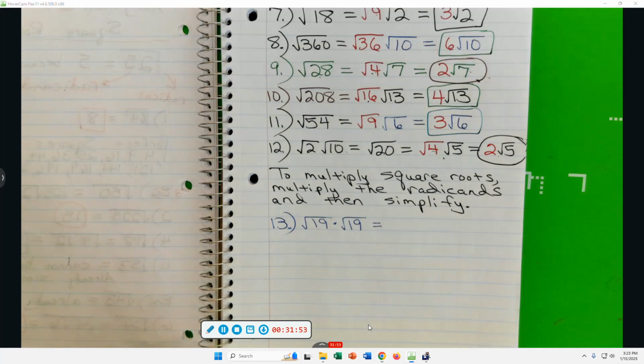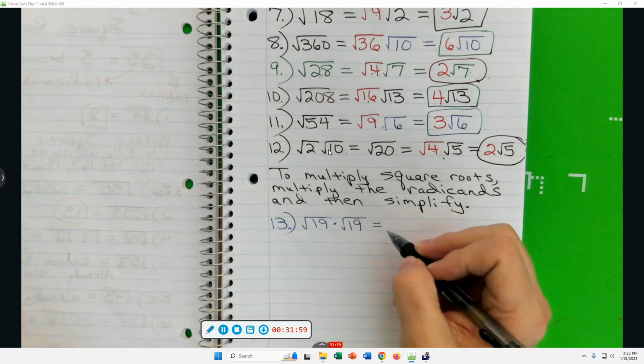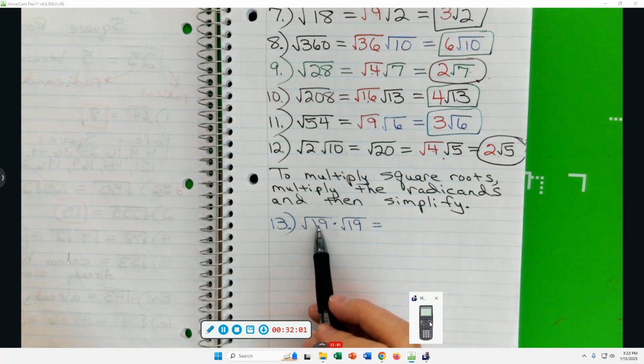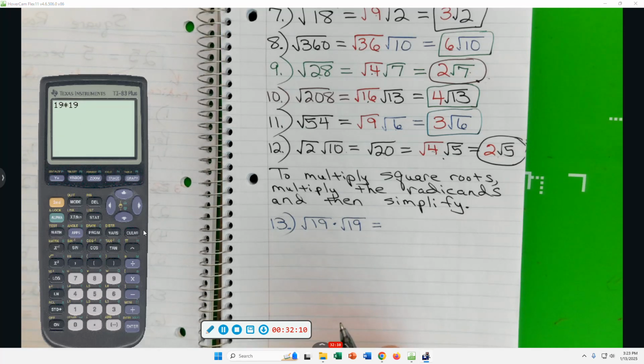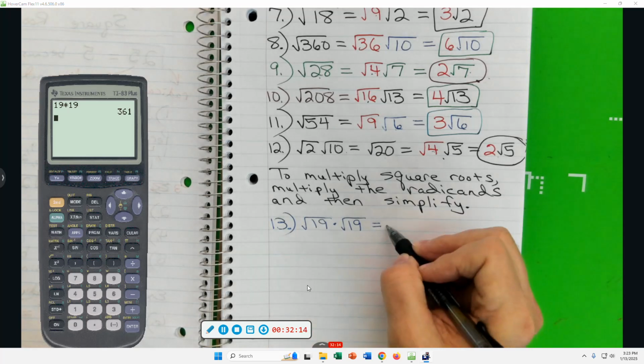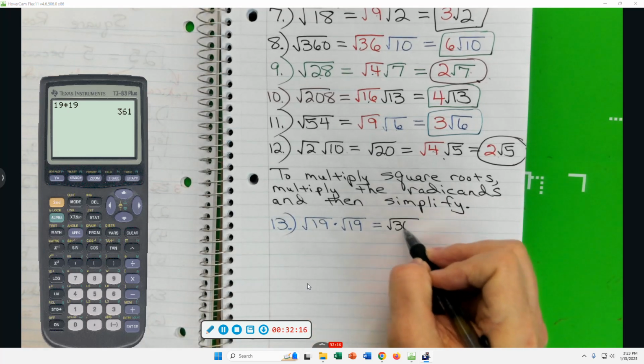Not on a calculator. If we do this like number 12, we'll say, well, 19 times 19, that's where a calculator comes in handy. It's got to be under 400 because 20 times 20 is 400. That's the square root of 361.